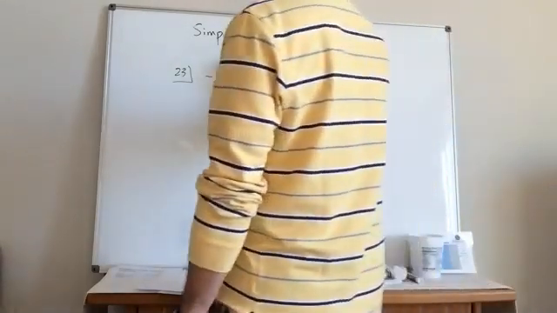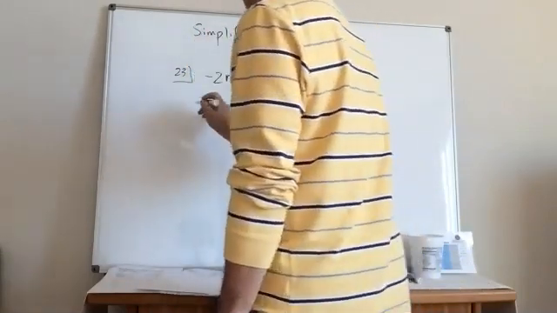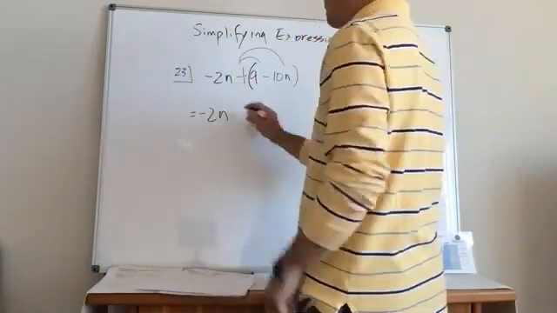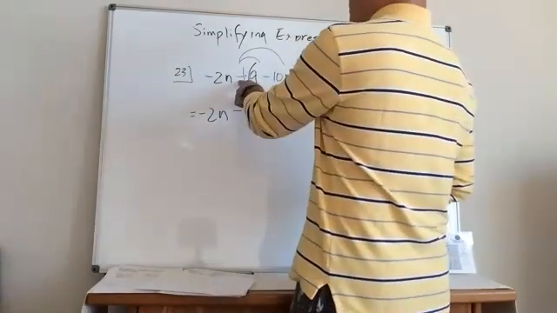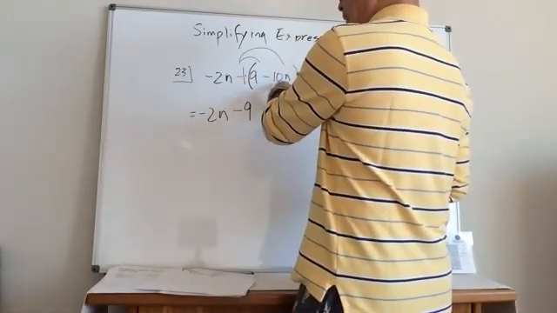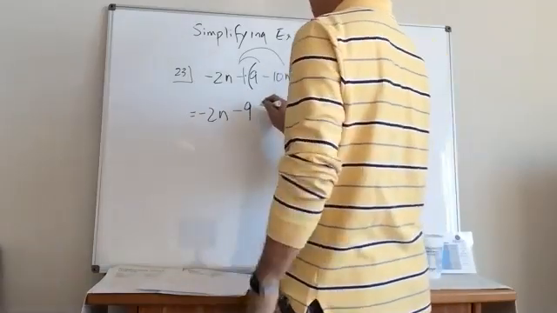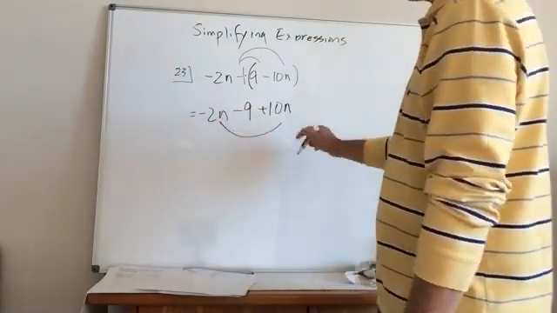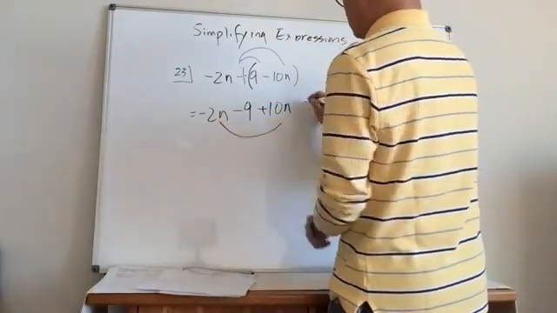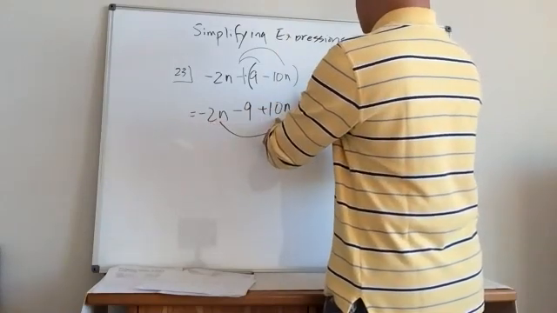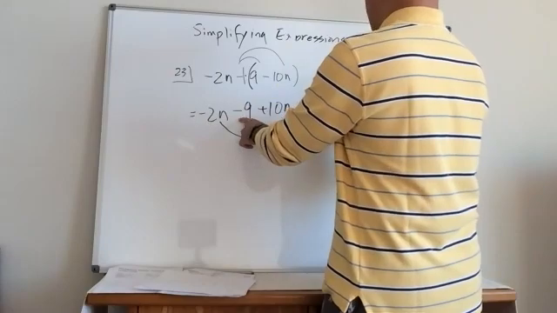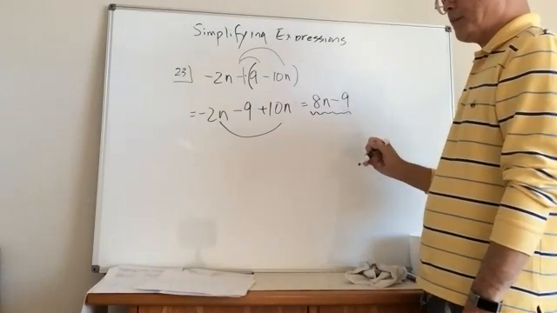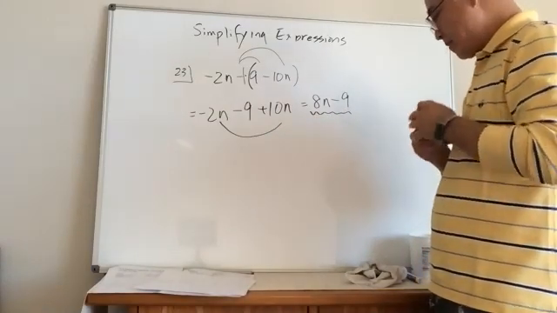So I'm going to have to do these guys out first. So I get negative 2n. I have minus 1 times 9, which is minus 9. I have minus 1 times minus 10n. Minus and minus, so it becomes positive 10n. Now I can combine these two together because both of these have n's. Negative 2 plus 10, so it's 8n minus 9. And we're done because I have an n here, no n's here. Okay?